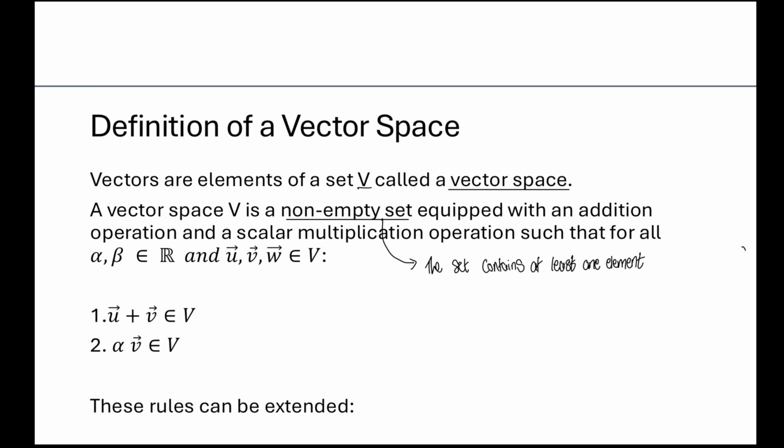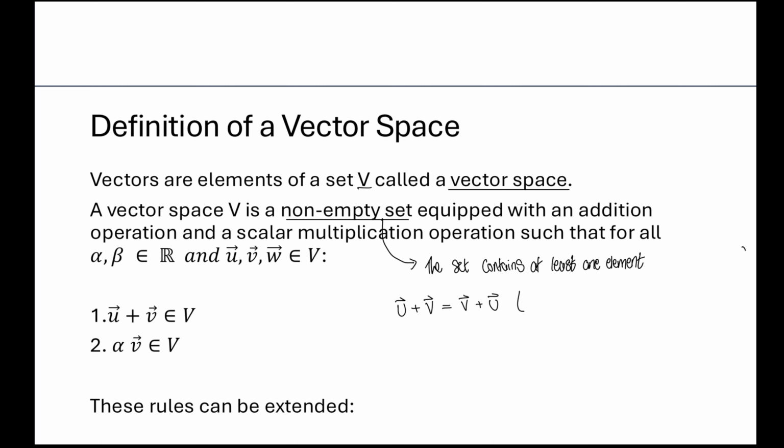Now, going back to our two statements, these statements can be extended so that we get a bunch of other rules. So let's say we had the vector u plus the vector v. This is the same as doing the vector v plus the vector u.